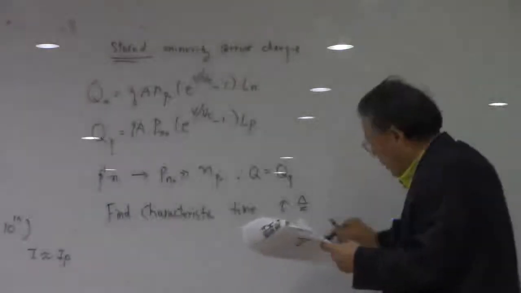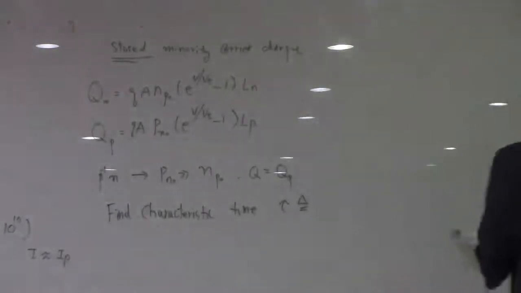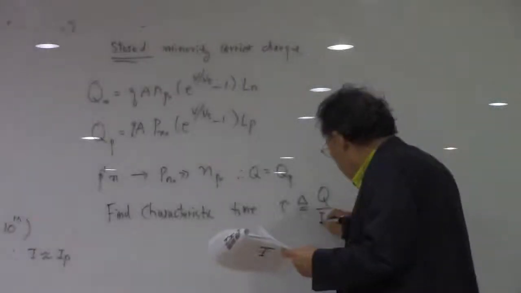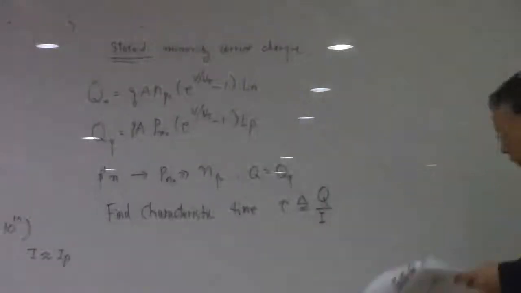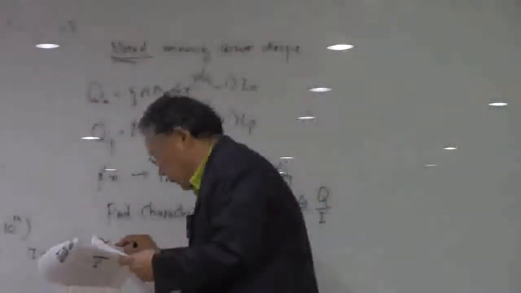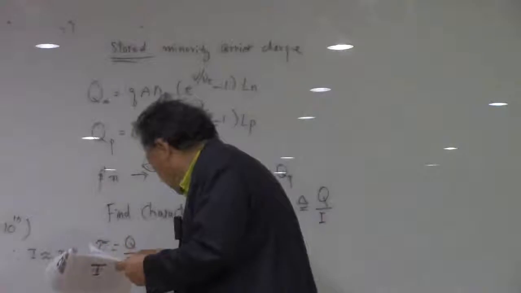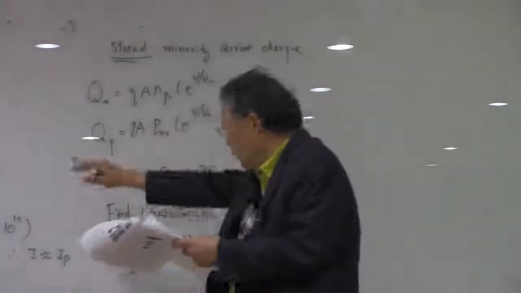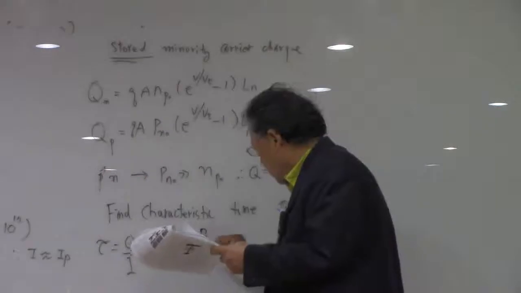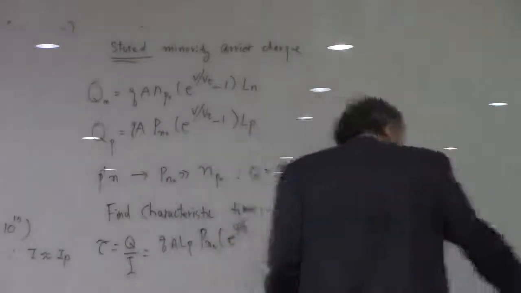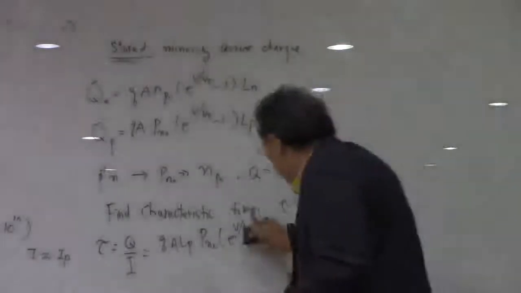Tau is going to be charge divided by the current. Okay? So you can get that Q over I, and then you just literally input all those figures, and amazingly you end up with very simple equations.